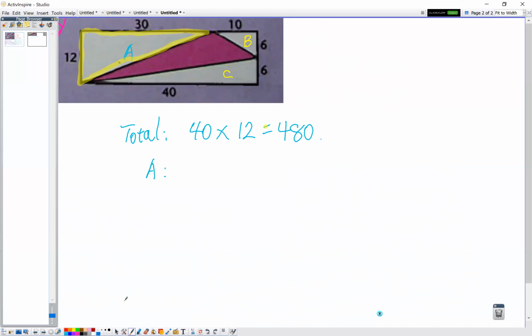For part A, you can say this is half times base times height. Half times 12 times by 30.